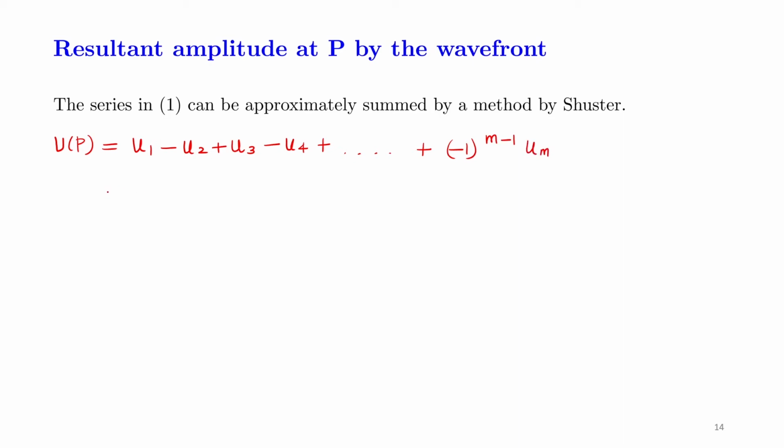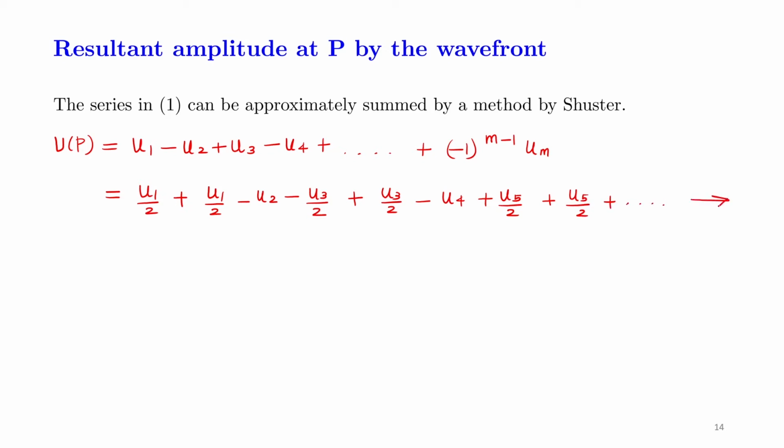And this can be rewritten as U1 over 2 plus U1 over 2 minus U2 plus U3 over 2, plus U3 over 2 minus U4 plus U5 over 2, plus U5 over 2 plus etc. Let us call this equation number 2.